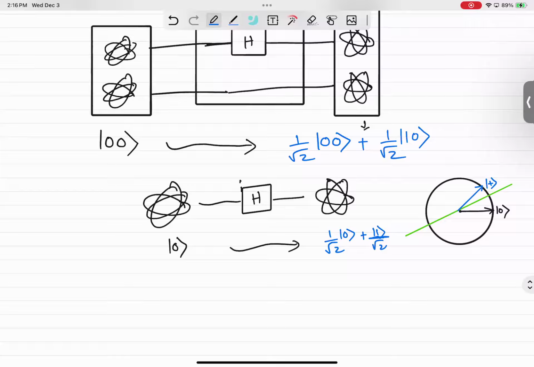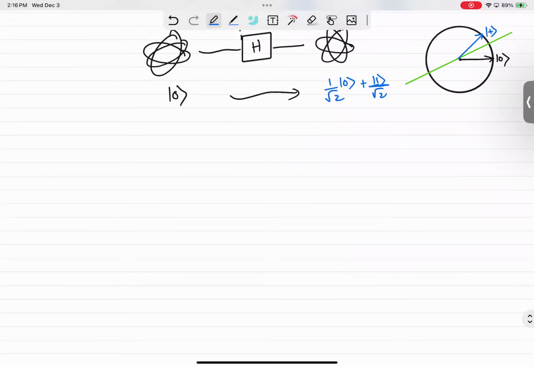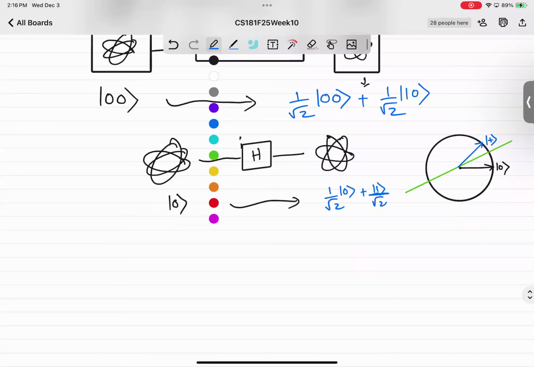So this particular circuit, the way it transforms 0, 0 is it gives out 0, 0 over root 2, 1, 0 over root 2. Okay? And again, this is very qualitative, so it is helpful only when you're dealing with single qubit systems or 2 qubit systems and you're trying to gain some intuition. It won't work when you scale things up or chain things.